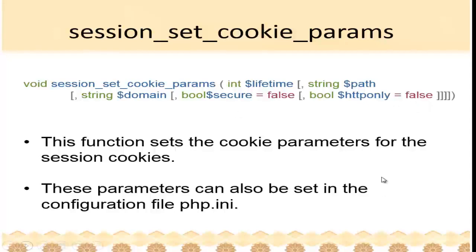So if you say that HTTP only is false, that means the cookie will be transferred using the other protocol if this protocol supports them. If you say HTTP only, that means the cookie will not be transferred using the other protocol.